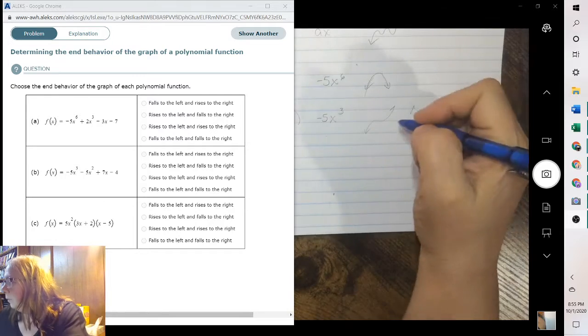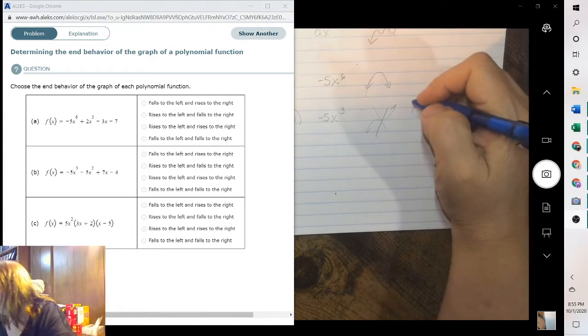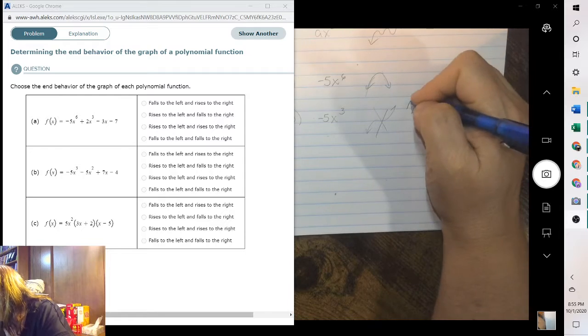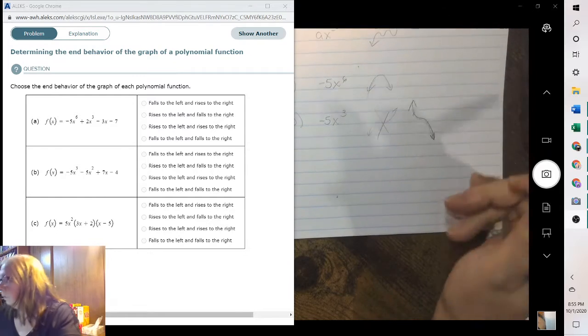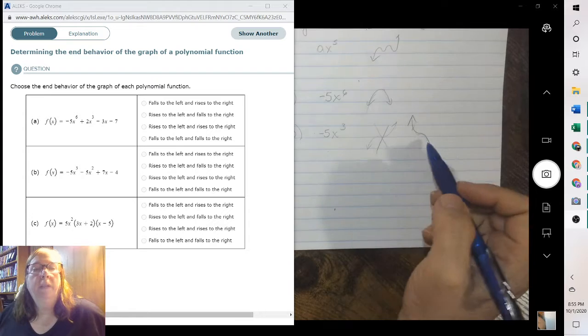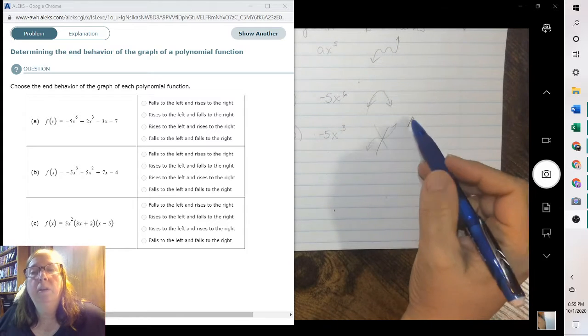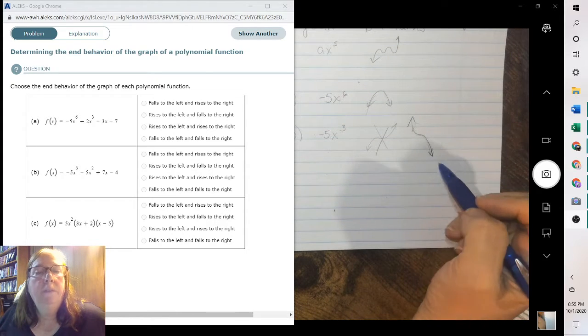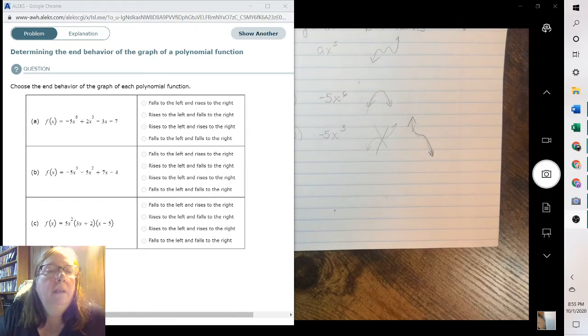It's negative, so instead of going up, it's going to go down. So that means it rises on the left and it falls on the right. So that would be this one.